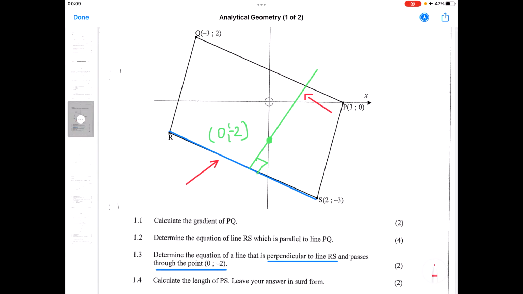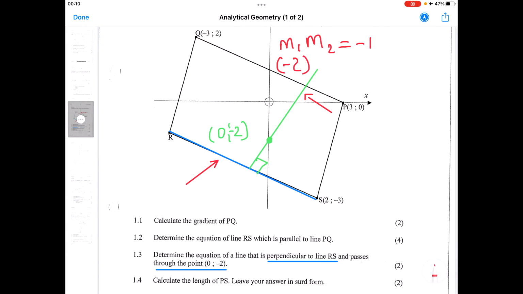So that means if the gradient of line 1 is multiplied by the gradient of line 2, it gives -1. Do we know the gradient of RS? Yes, we do. If you remember, I estimated it to be -2. So let's maybe say it's -2.